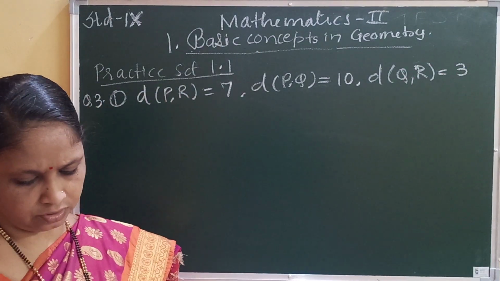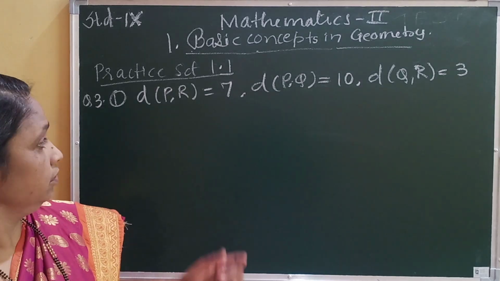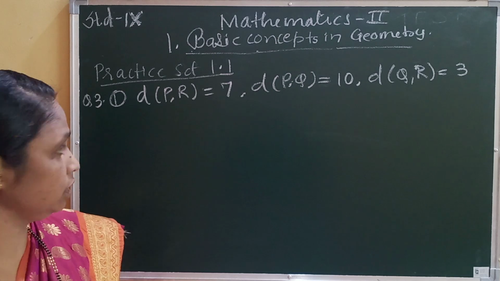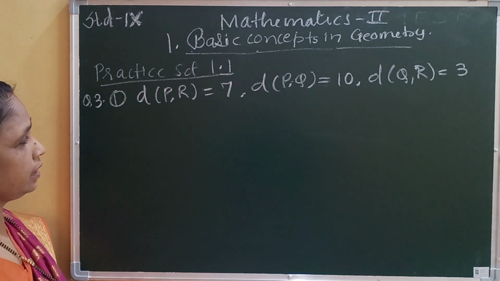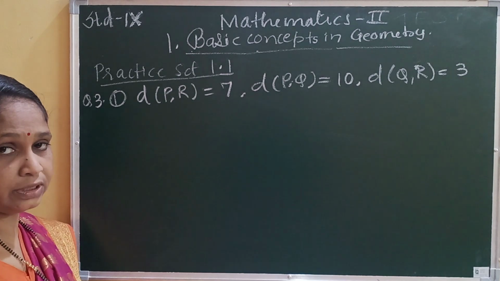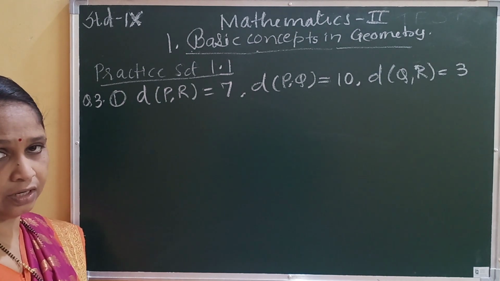Now you have to tell which point is between the other two. There are three points: P, R and Q.